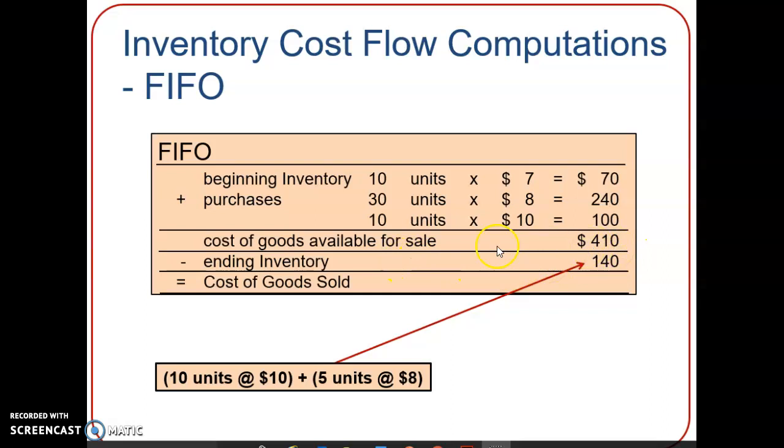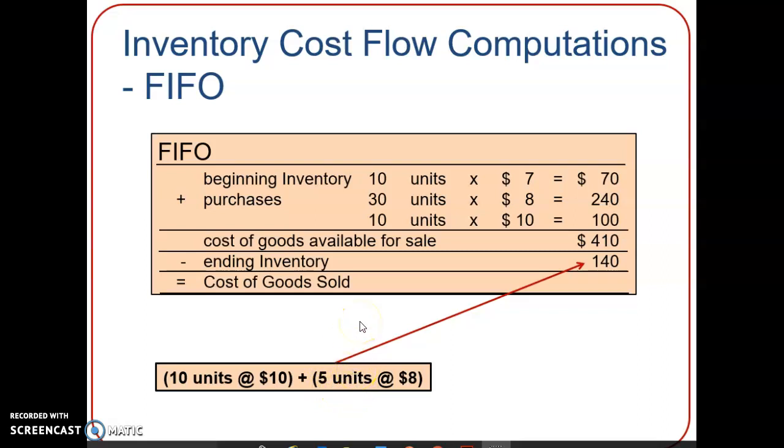So if we want to find out the ending inventory, we need two pieces of information. First of all, how many units we're looking at. And secondly, what's the cost of those units.